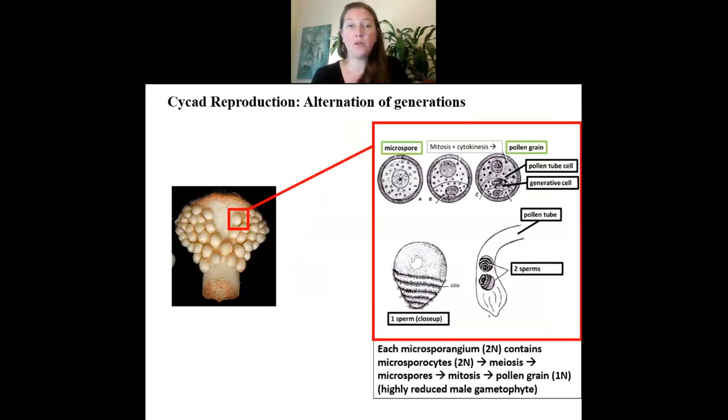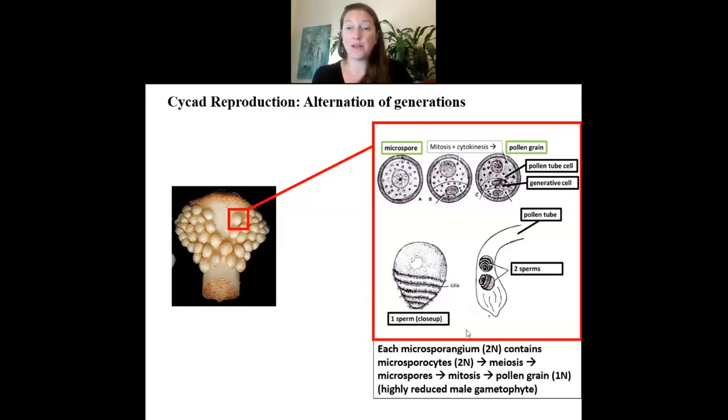On the male strobilus, we pulled off a microsporophyll leaf. Inside of the microsporangium on that leaf are the microspore mother cells that undergo meiosis first, so that you have haploid or 1N microspores.